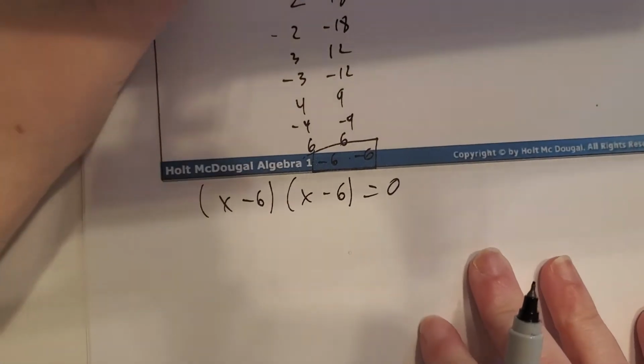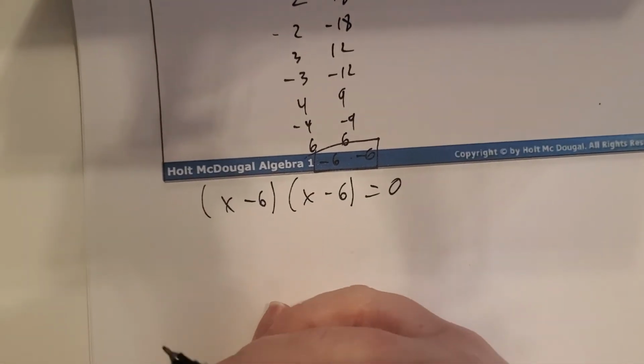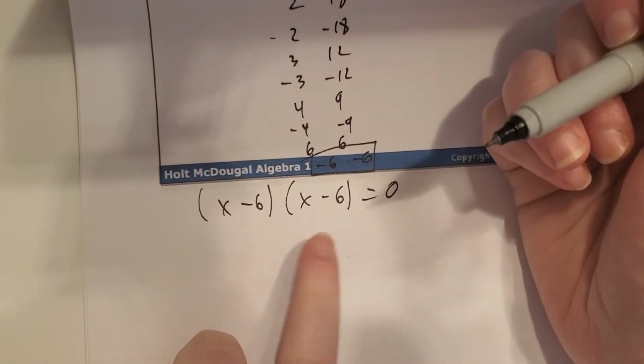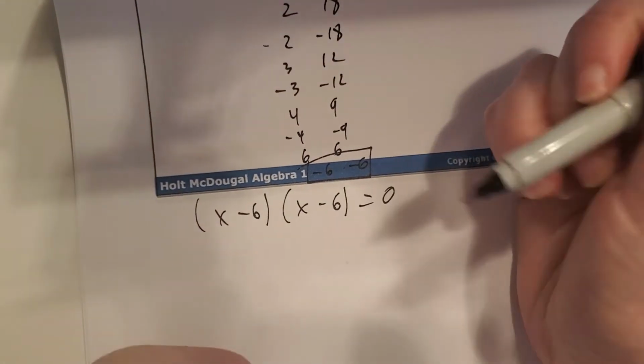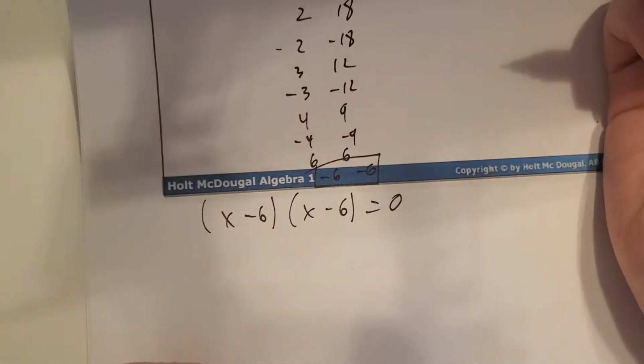But the nice thing about this specific problem is that you should remember that if you were just factoring this, you would be able to condense x minus 6 times x minus 6 into x minus 6 squared.